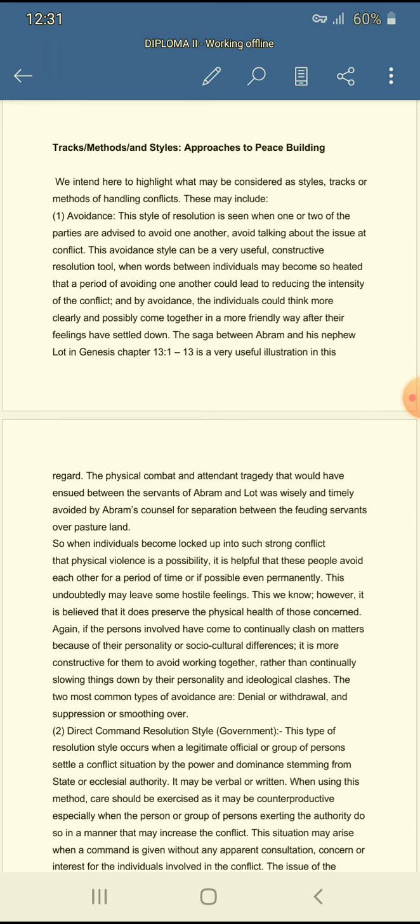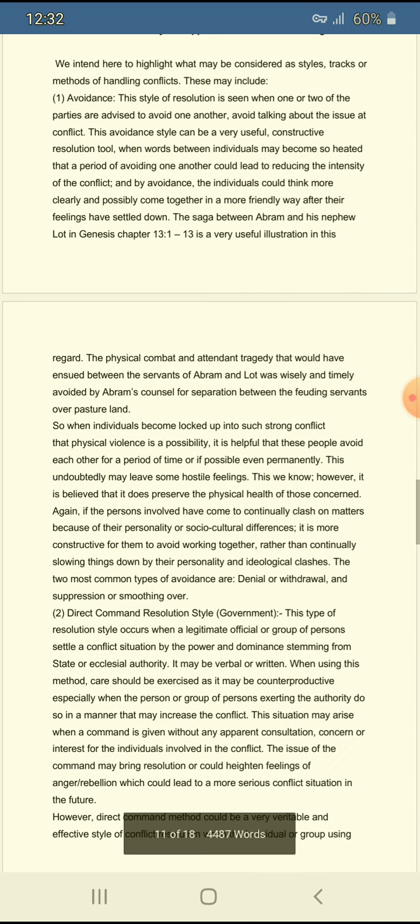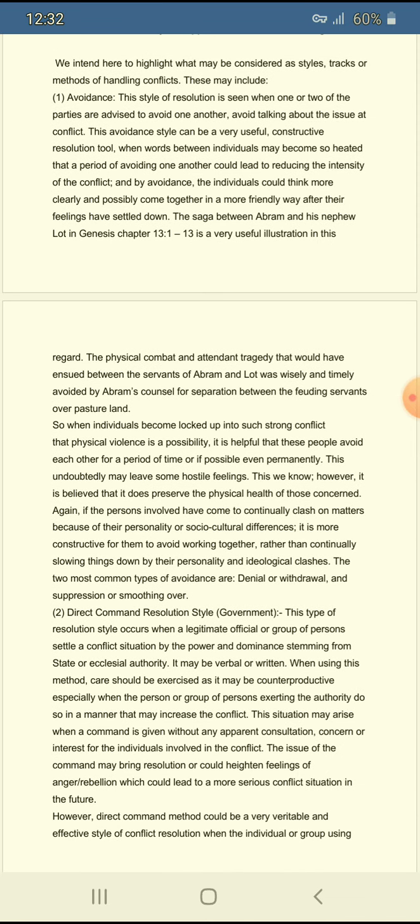Number 3 is non-governmental or third-party intervention. Number 4 is the compromise or negotiation track method. Number 5 is the synergistic style. And number 6 is religion, or peacemaking through faith in action. Now let's take it one after the other.